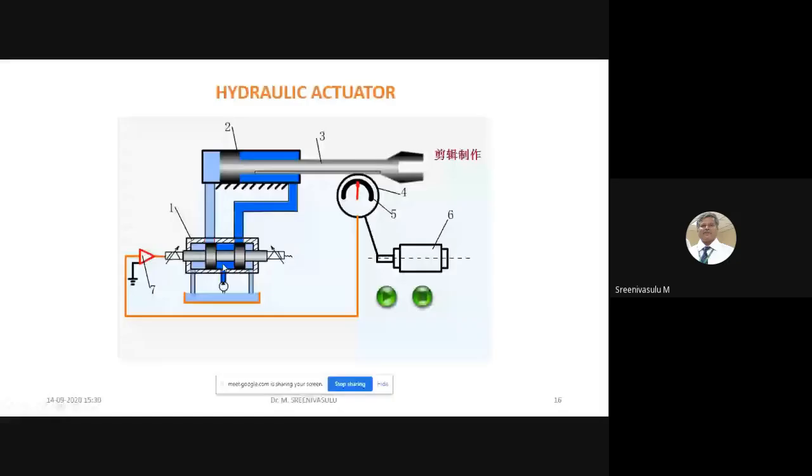Are you able to see this particular slide?